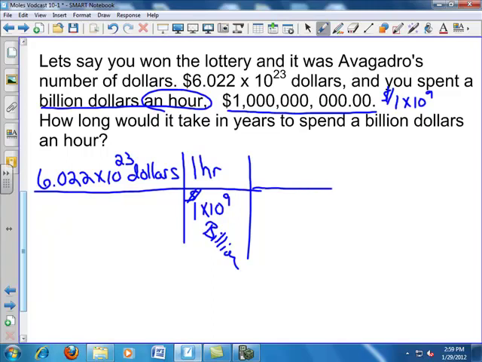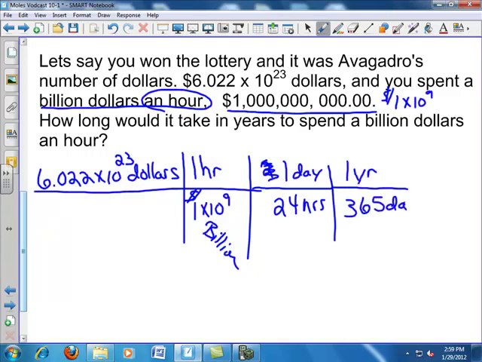For every 1 day, there are 24 hours. And for every 1 year, we'll just call it 365 days. So days would cancel, hours would cancel, the dollars would cancel, so that would leave me with years.